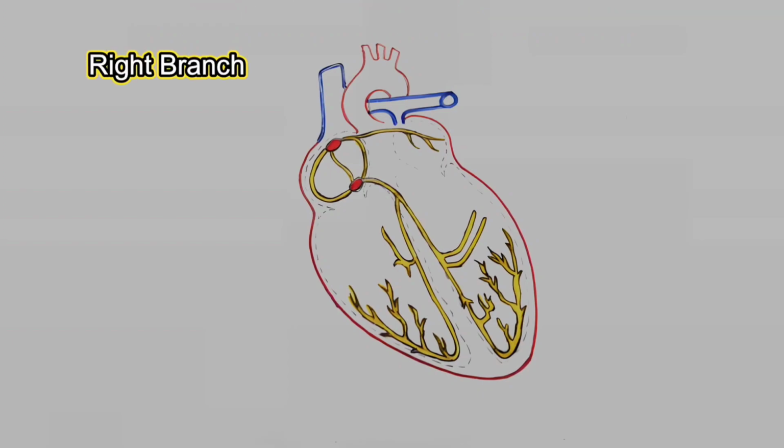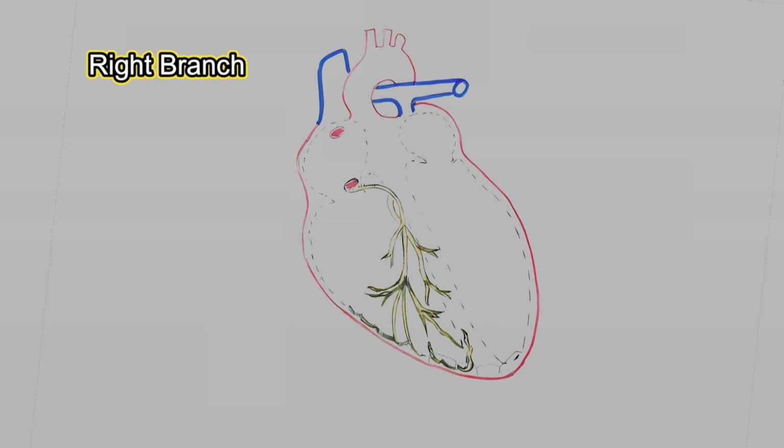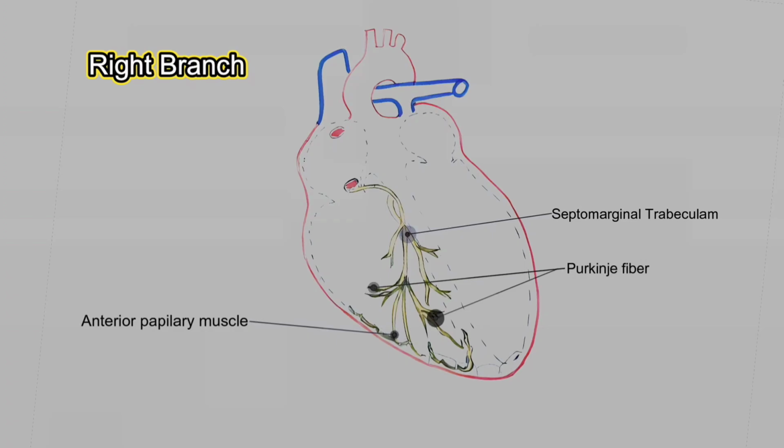The right branch passes down the right side of the interventricular septum and then enters into the subendocardial space on the right part of the septum. The large part of it continues into the septomarginal trabecula and reaches the anterior papillary muscle and anterior wall of the ventricle. Its Purkinje fibers then spread out beneath the endocardium.